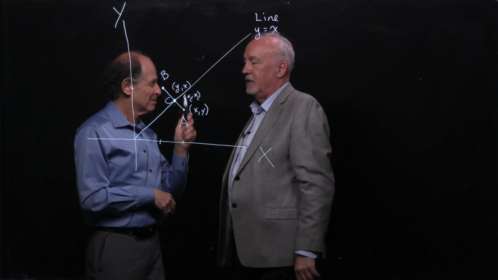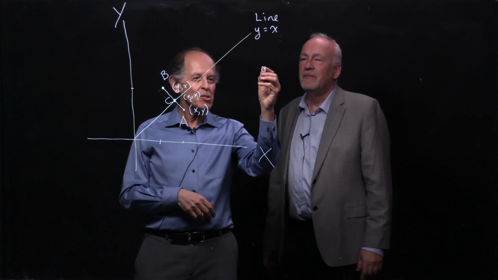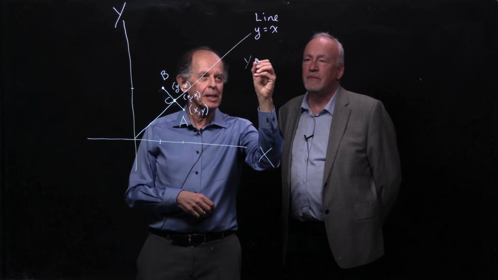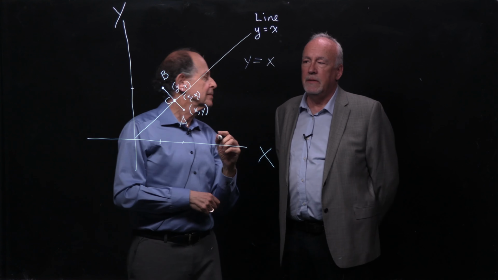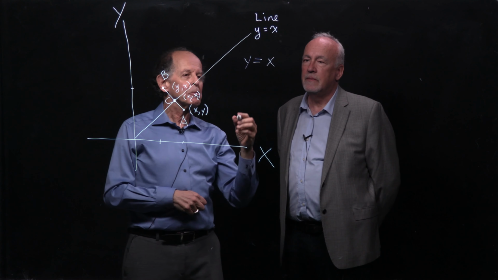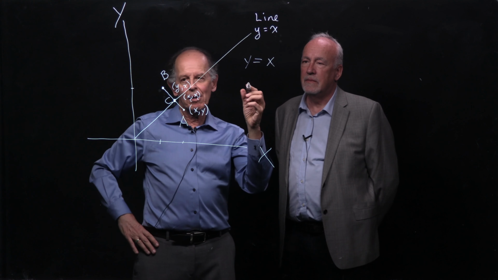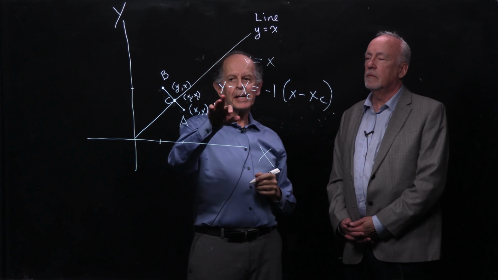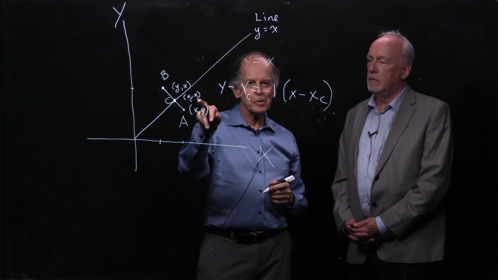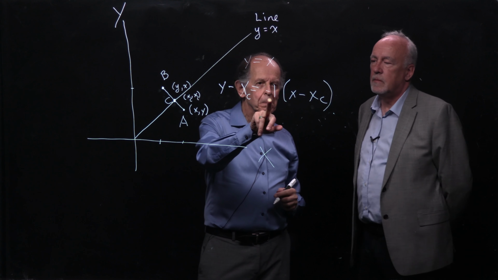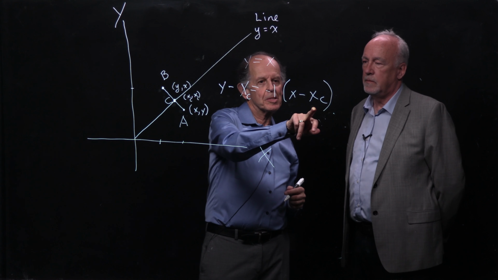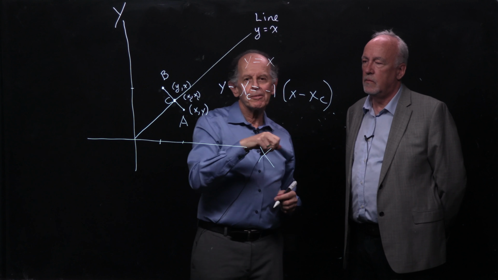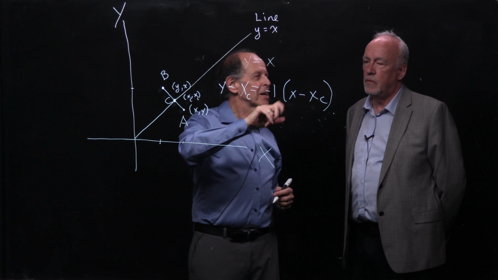Okay, this line is y is equal to x. And we need this line. Well, we do y minus y naught, so I guess we'll pick xc as y naught. So we have y minus y naught, which is xc, is equal to the slope times x minus xc. Now we're going to solve for xc in terms of y and x.